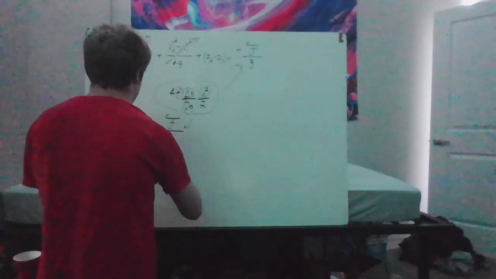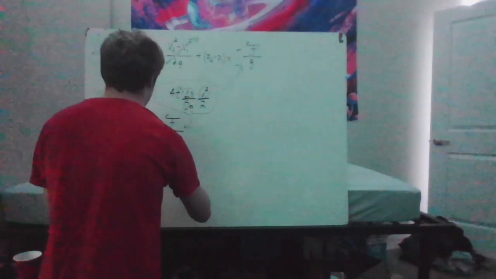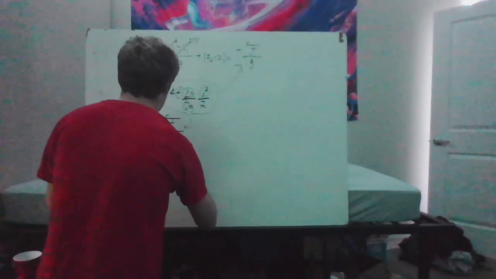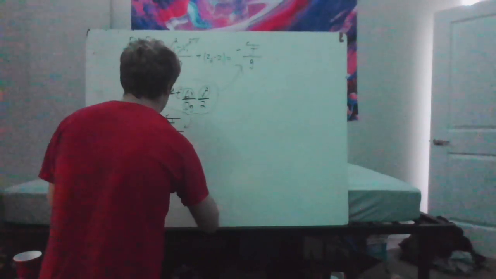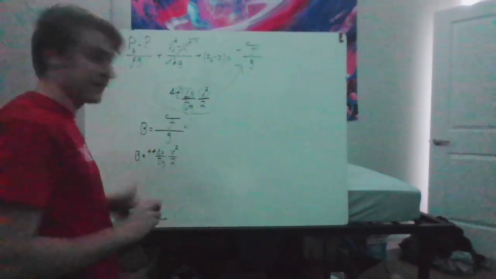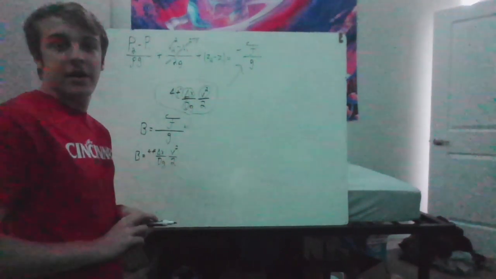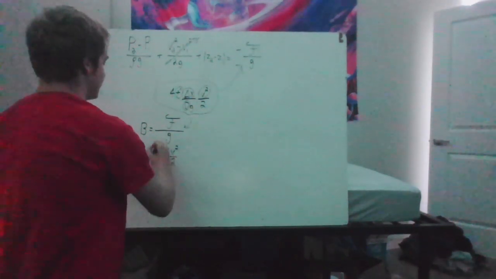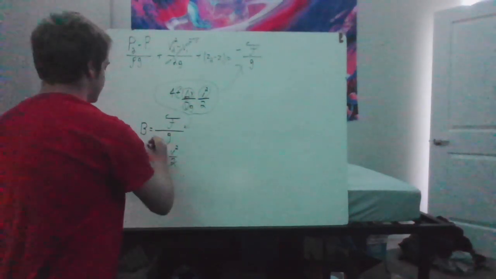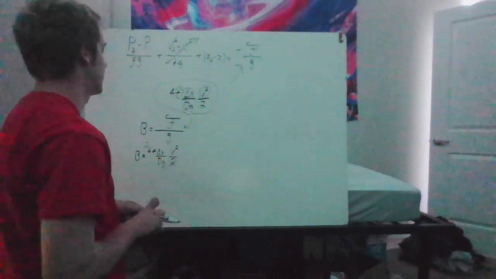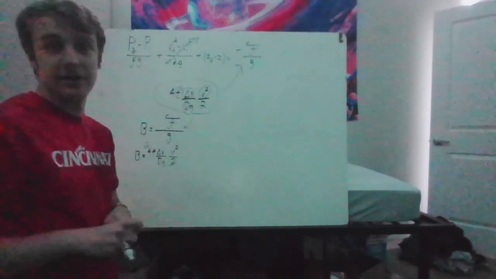beta is equal to 4 F delta X over d g v squared over 2. And then now we can cancel out these 4 and 2, and just make it 2 F times delta X over d g times v squared.